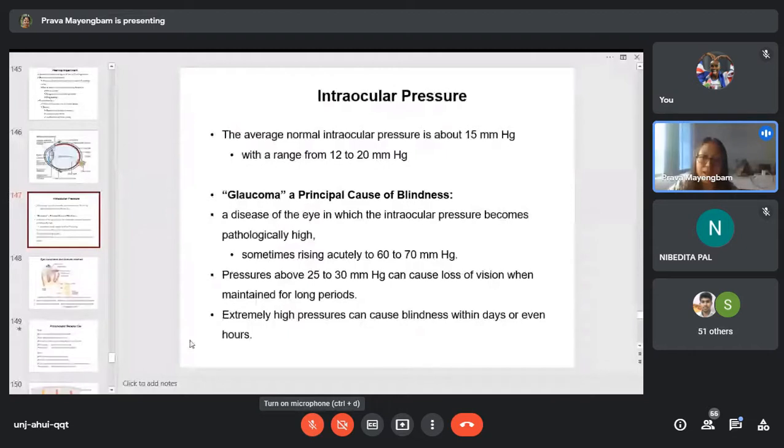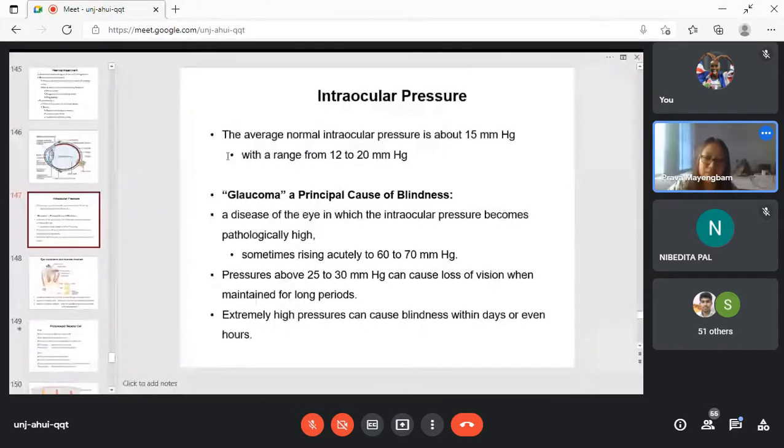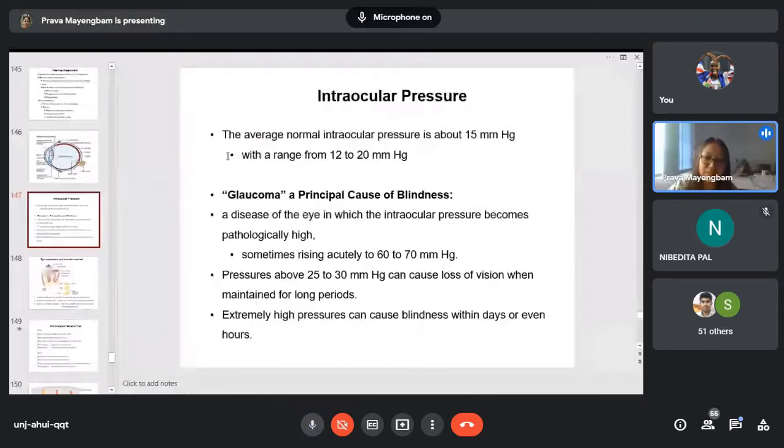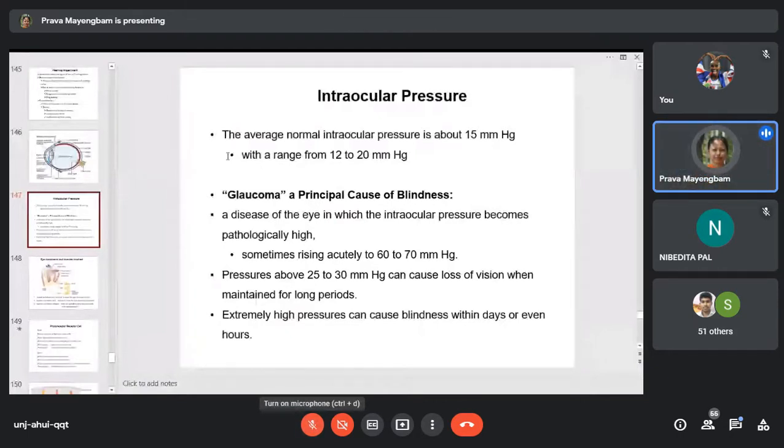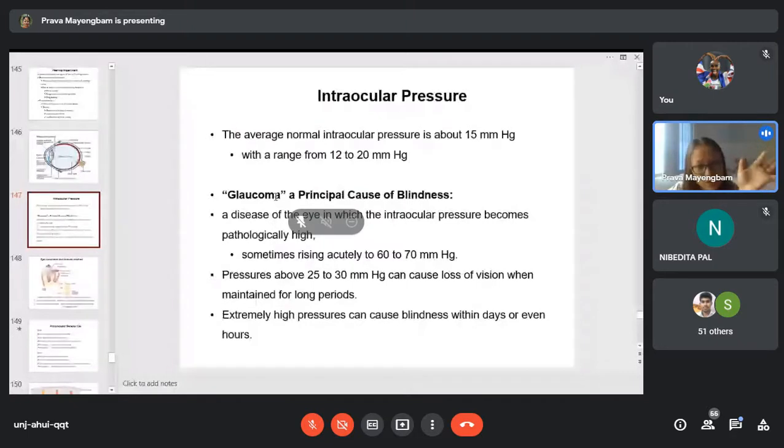That condition is called glaucoma. What actually happens and how it is treated, you will study in your higher classes. Here, glaucoma simply means high intraocular pressure, and it can lead to blindness.